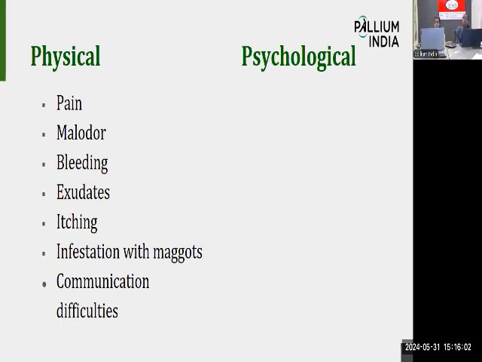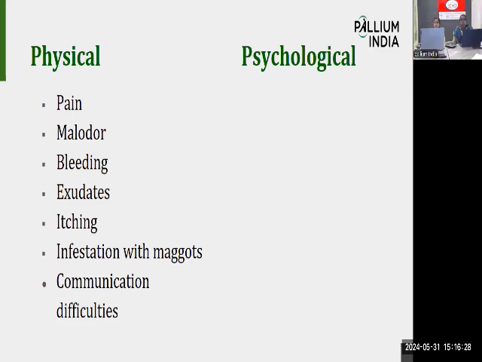You can use a 0 to 10 scale, the numerical pain rating scale. Pain is a subjective symptom, so the patients are able to tell their pain score, the severity. So you can use that scale, or you can use Wong Baker. If they are not able to talk, then you can use the Wong Baker faces scale.